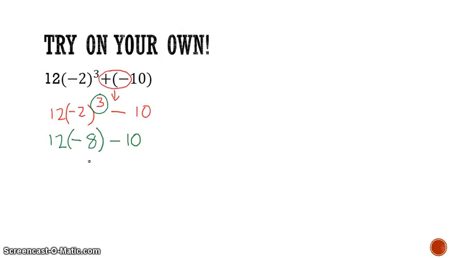Next, where's the multiplication? Well, like we said, if there is nothing between a number and a set of parentheses, it's automatically multiplication. A positive number times a negative number is going to give me a negative answer. So I'm going to do this multiplication here first, and then I can go to the side and do my 12 times 8.